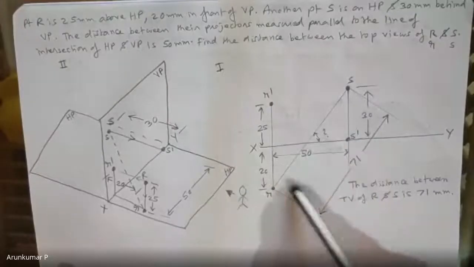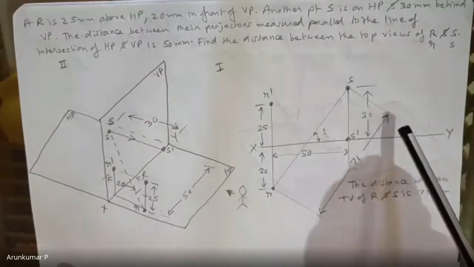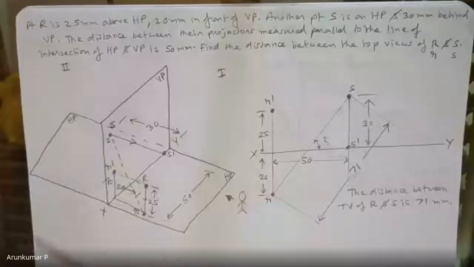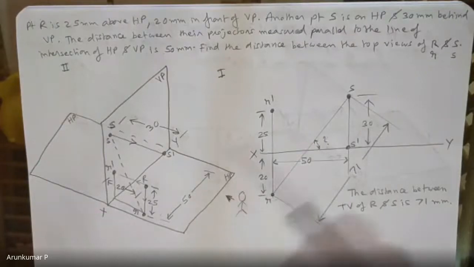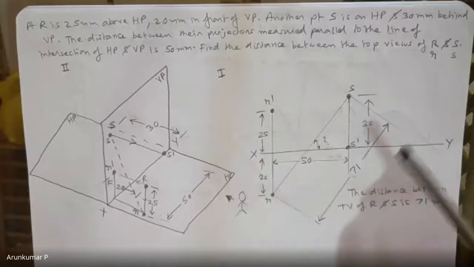This one. Due to network issue, I am not able to hear properly, sir. You didn't understand this. I am not able to hear you. You have to speak up. 71 mm, sir. About 71 mm.